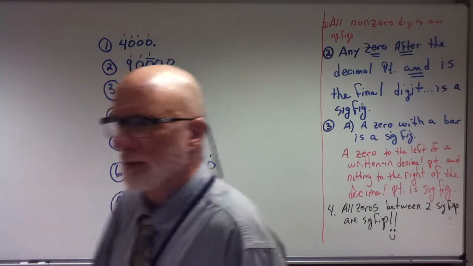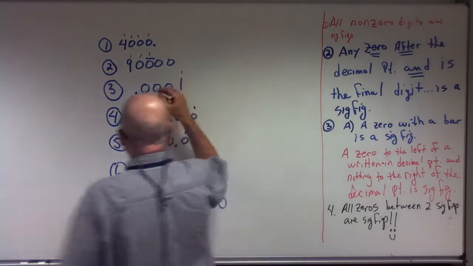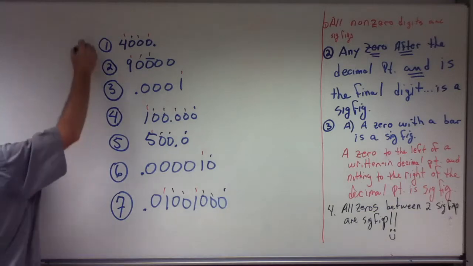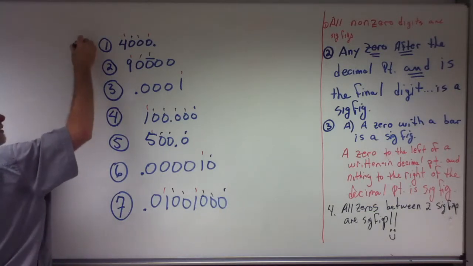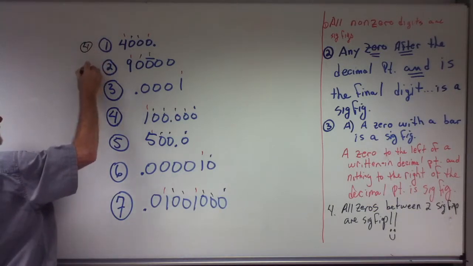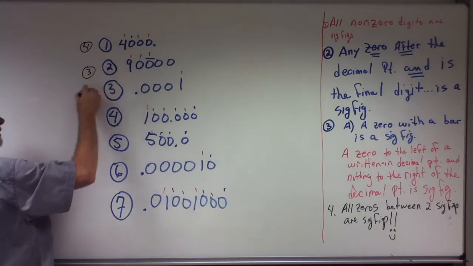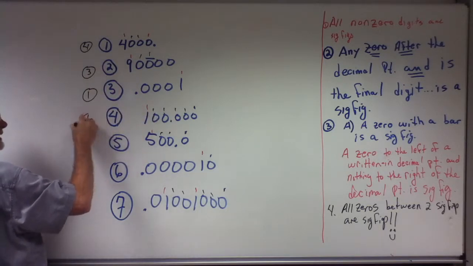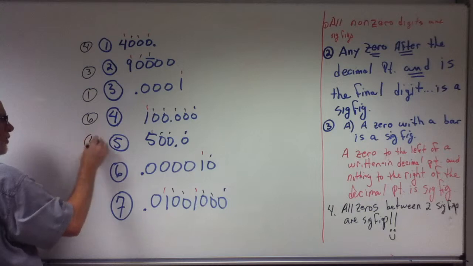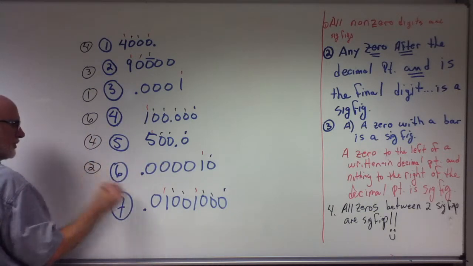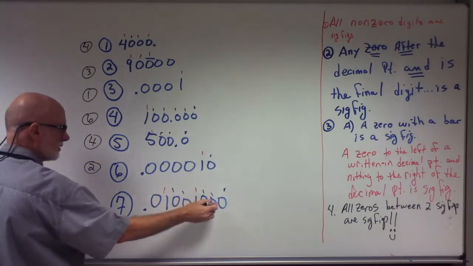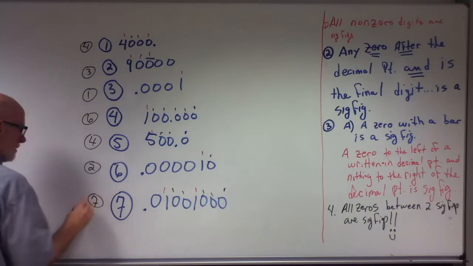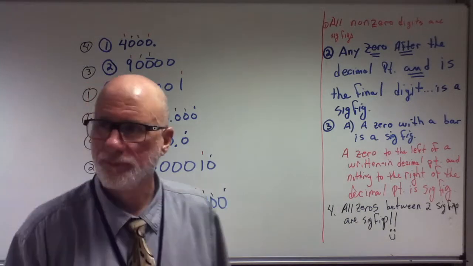Yes? Yeah. So the number of significant figures here I'll put to the left. Okay? 4, 3, 1, 6, 4, 2, 7. Get it?